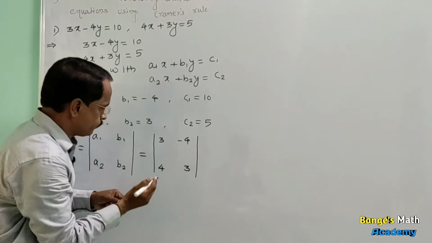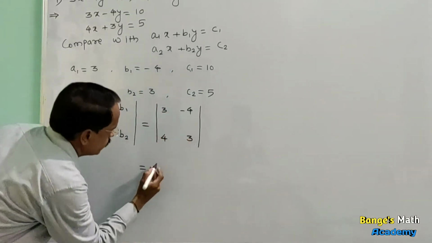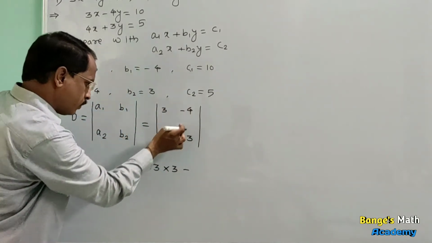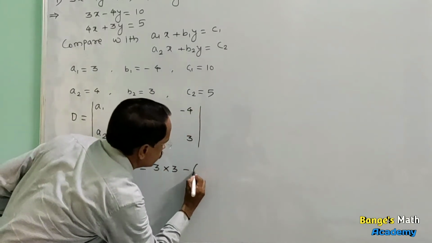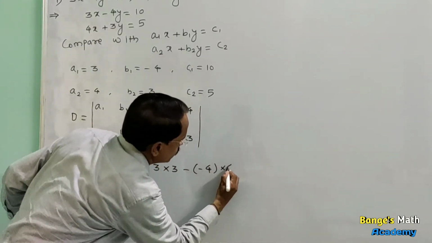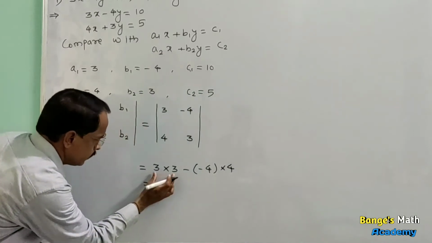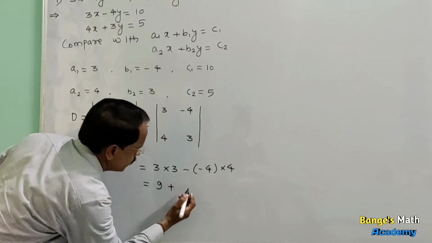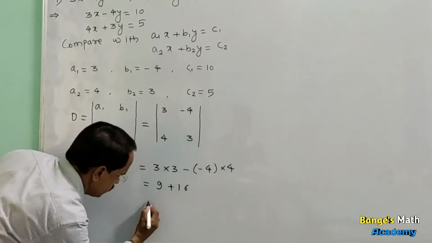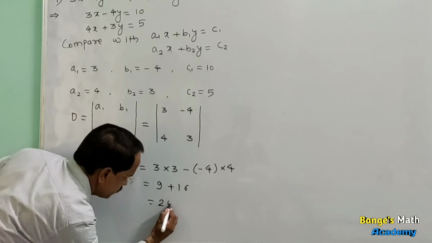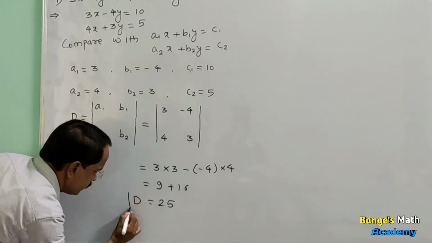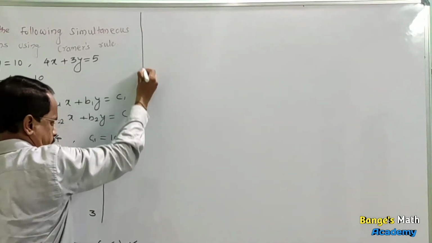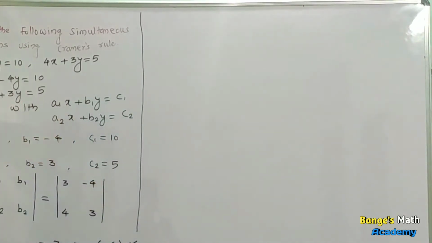Then find the value of this: the product of 3 into 3, minus the product of minus 4 into 4. Then 3 into 3 is 9, minus into minus is plus, 4 into 4 is 16. So 9 plus 16 is 25. We get the value of D. Then find Dx.